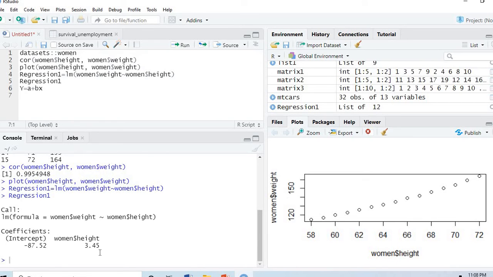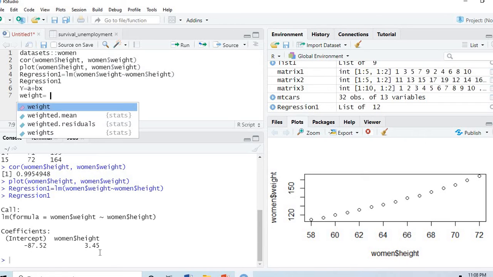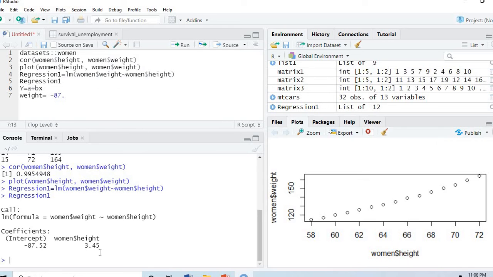In this case, y is weight, equals a, the constant, which is minus 87.52, and this is the coefficient of the independent variable, that is small b. This is positive, so this is 3.45 multiplied by height. Now if you put any value of the height, you can find the respective weight.